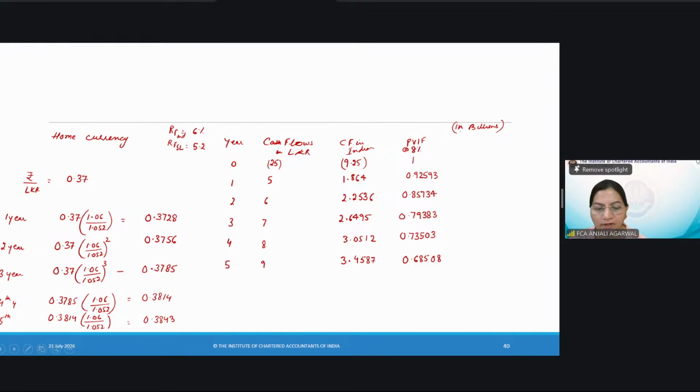So when you will now multiply these, you will find a present value, which could be a slightly different figure as compared to what we have calculated earlier. Taking till 4 decimals again.